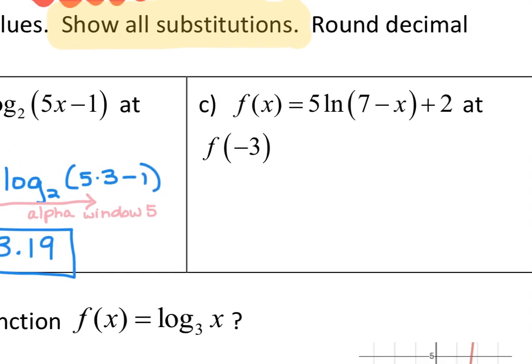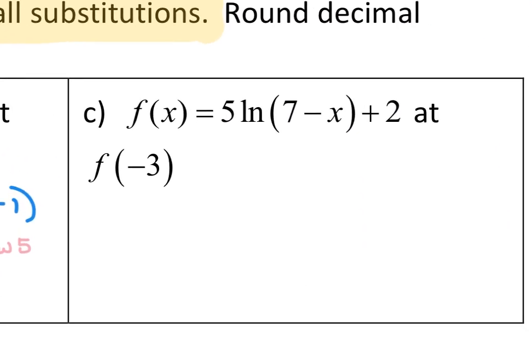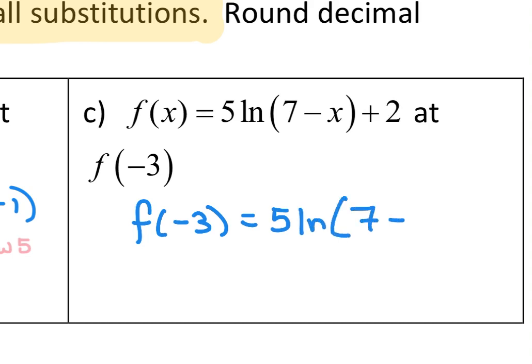And then in letter C, again, I'm going to write the substitution out. So f of negative 3 equals 5 times ln of 7 minus negative 3 plus 2. Then I'm going to type exactly that into my calculator, and remember that ln is a button all by itself over on the left, the third button up from the bottom.